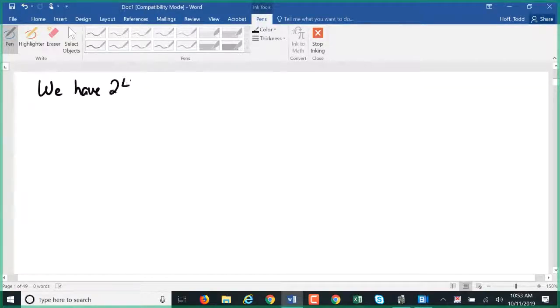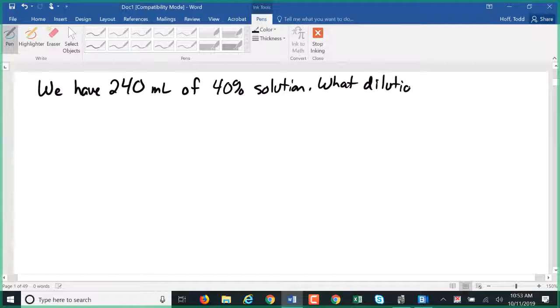So let's say we have 240 milliliters of 40% solution. What dilution is required to reduce that to 10%?